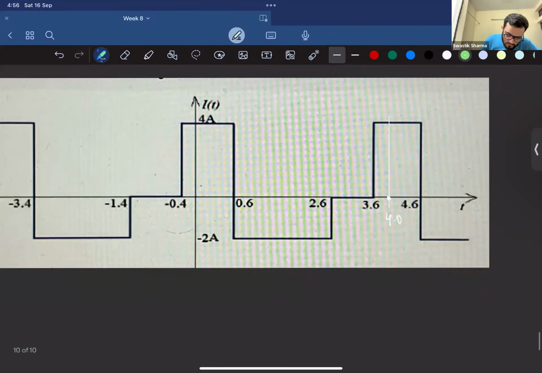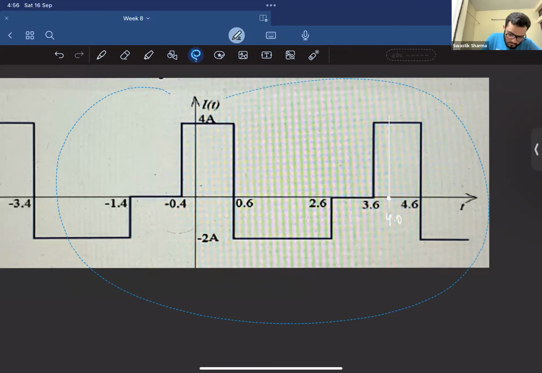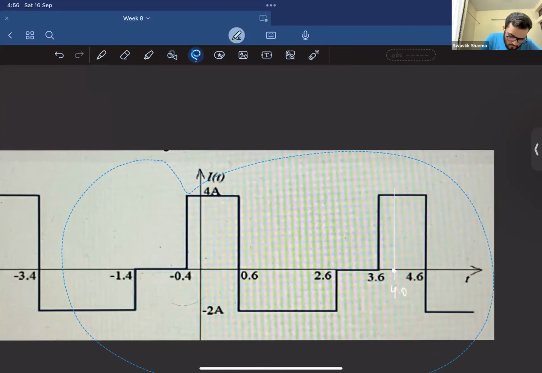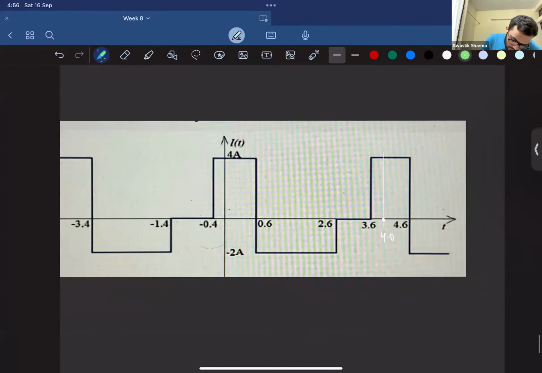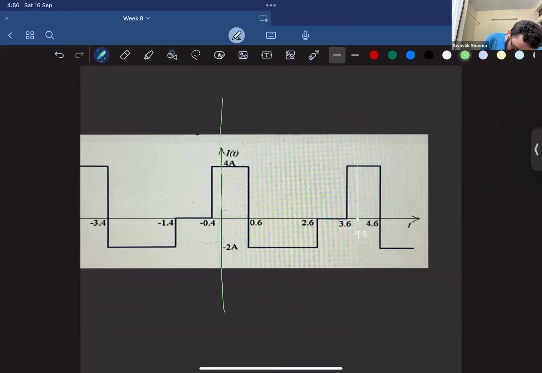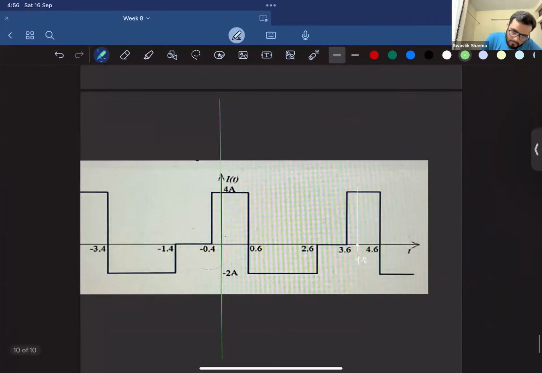On a similar waveform, we are required to find i square, right? So i square is going to be 16, right?